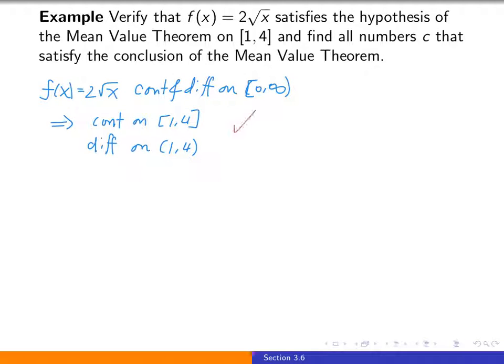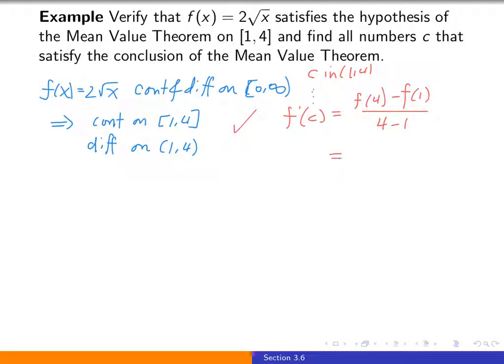So let's put a check. The hypotheses of the mean value theorem are satisfied. So now, can we find a value of c satisfying the conclusion? So let me remind you what the conclusion would be. There is some value of c with c in between 1 and 4, where f prime of c is f of 4 minus f of 1 over 4 minus 1.